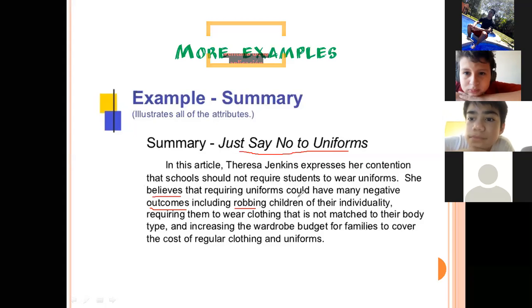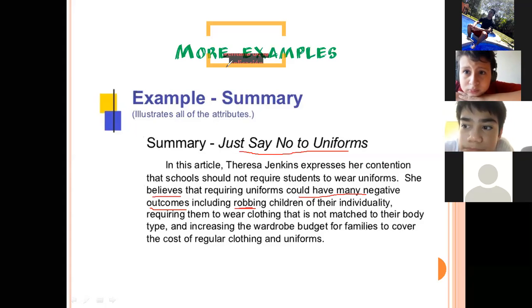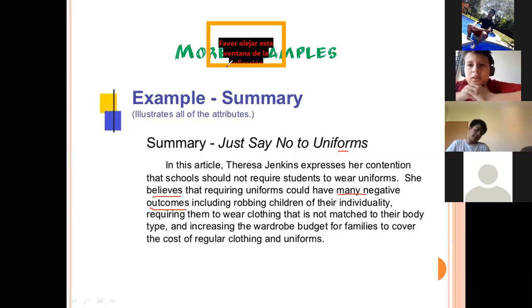So the idea is not to wear uniforms because you can have many outcomes, including robbing, you know, kidnapping. Some people kidnap the children. So that is very dangerous. Exactly. This is about Teresa's idea, right? Wonderful. And many negative outcomes, the consequences. Good. I really like it.